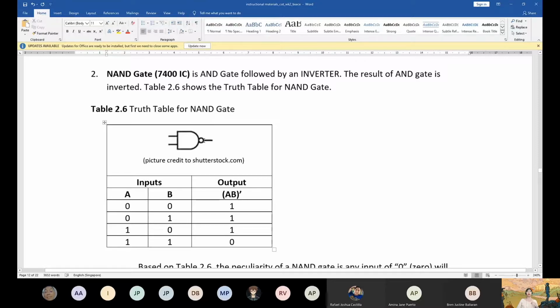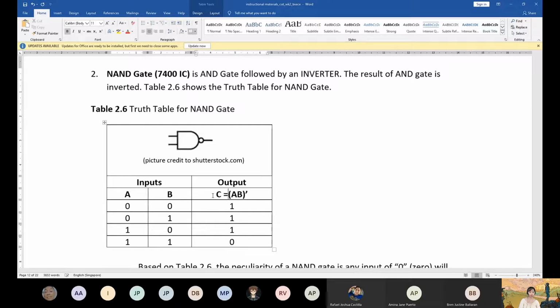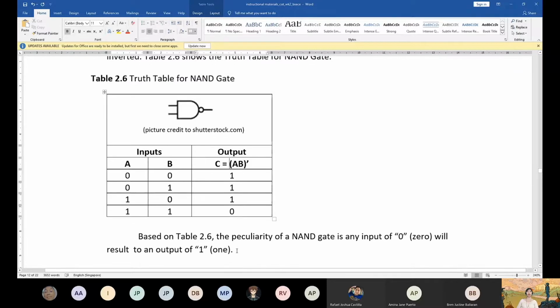Since the output is the reverse of the AND gate, whenever the AND output would be 0, the output is 1. So 0 and 0 gives 1, 0 and 1 gives 1, 1 and 0 gives 1, and 1 and 1 gives 0. So the output of the NAND gate is just the opposite of the AND gate.